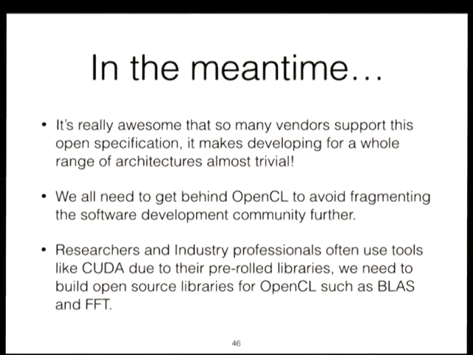So I think we should all get behind OpenCL because the software development industry is really fragmented by all these proprietary APIs, and you could train monkeys to map code to a different language. I think the only reason CUDA is prevalent is the use of pre-rolled libraries like BLAS and FFTs. So we should really try to have an implementation that OpenCL can use.